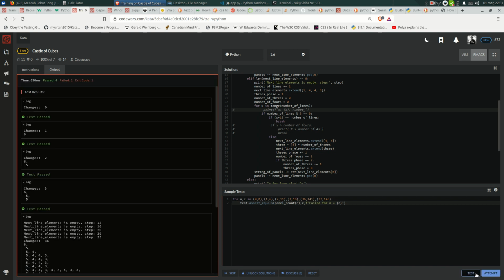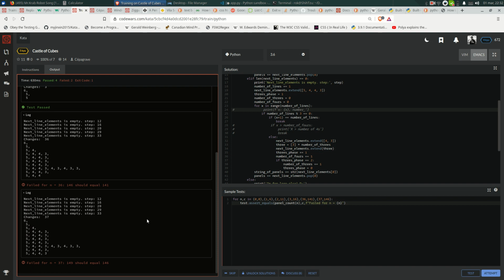Because apparently we need some things to carry over. Say if x, this number of lines, is x plus 1 equals number of lines.